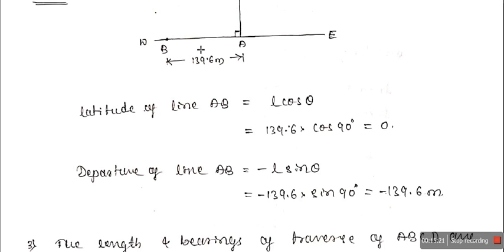Here you consider the minus sign because the line may be in the third or fourth quadrant, and in both quadrants the departure value is negative. Putting in the values, the departure of the line AB is equal to minus 139.6 meters.